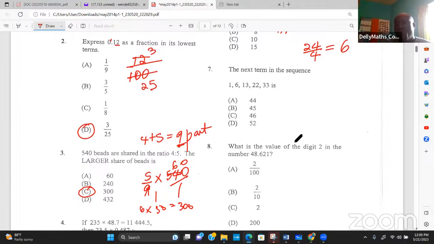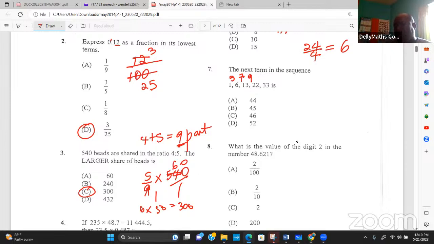What is the next term in the sequence here? 1, 6, 13, 22, 33. A lot of times with sequences, I try to find a common difference first, or not necessarily a common difference, but try to see the difference between consecutive numbers. What's the difference between 1 and 6? That's 5. Between 6 and 13? That's 7. Between 13 and 22? That's 9.